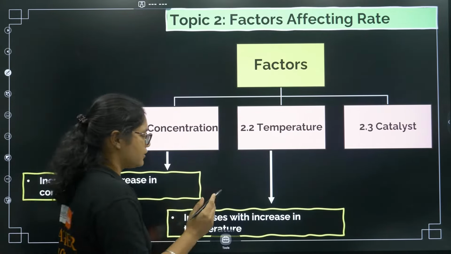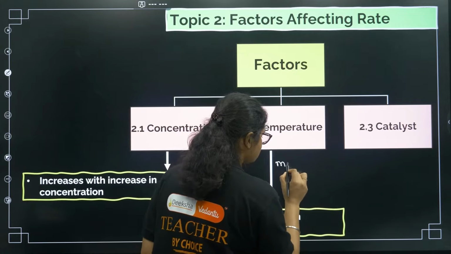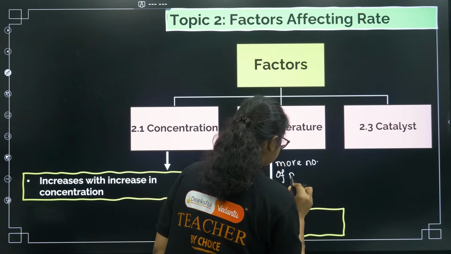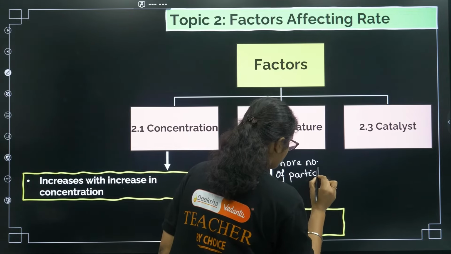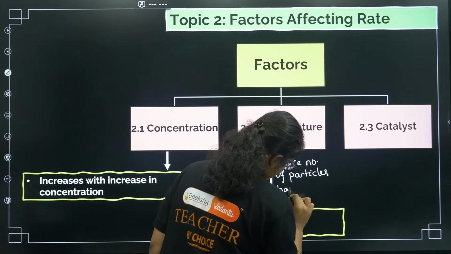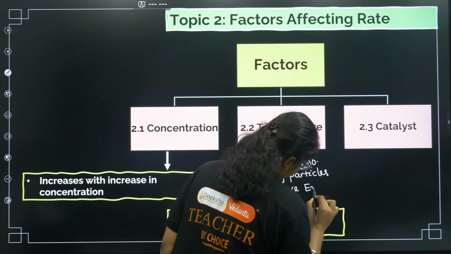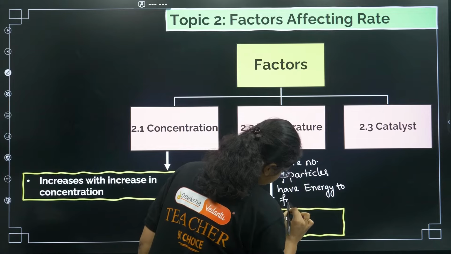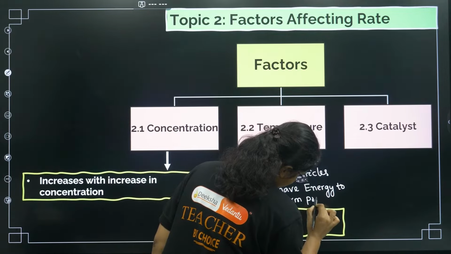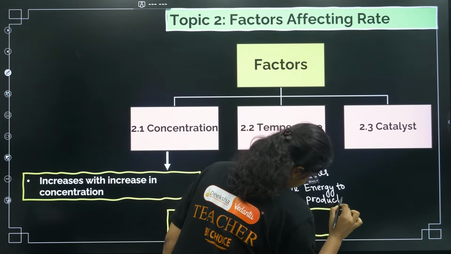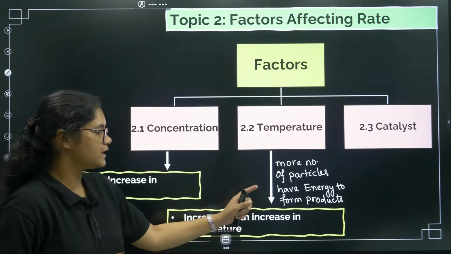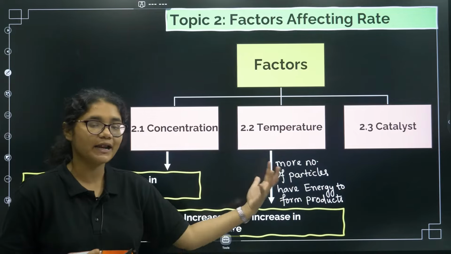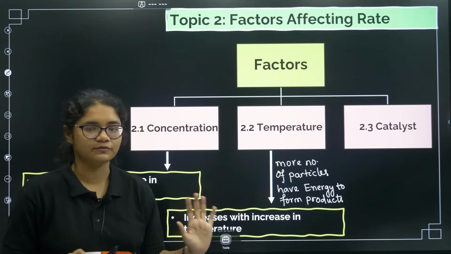So I'll write for now, when we increase the temperature, more number of particles have energy to form products. So more number of particles will get converted into products and the rate of reaction will increase.